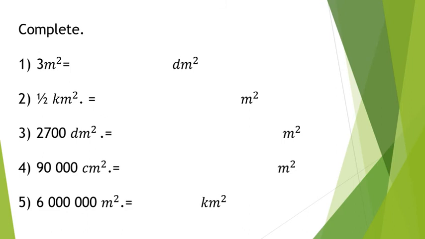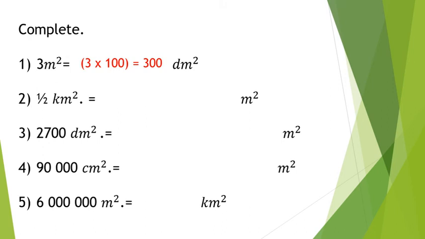Complete. 3 square meters equals how many square decimeters? To convert from square meters into square decimeters, square meters are greater than square decimeters. Then you have to multiply. 3 square meters equals, yes, 300, 3 times 100.